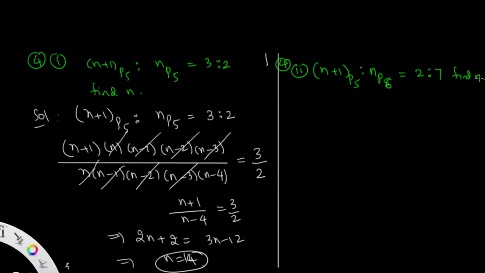It is the same as the previous problem, but it is nP6 here and 2 is to 7. That's all.